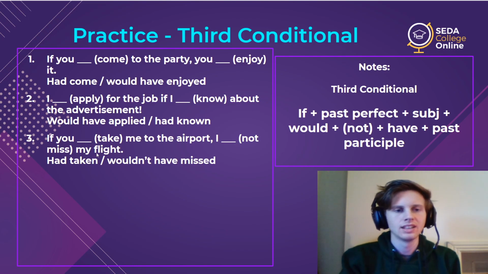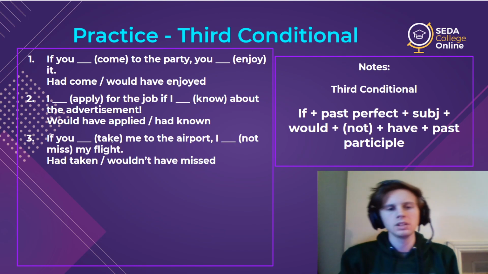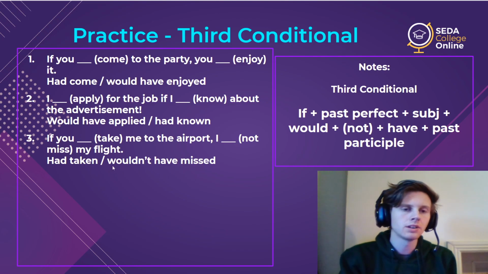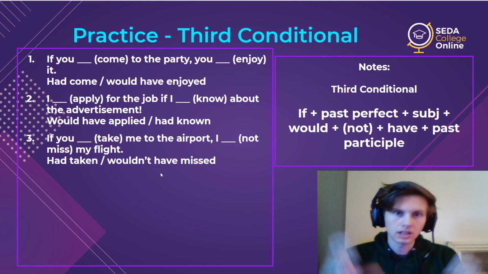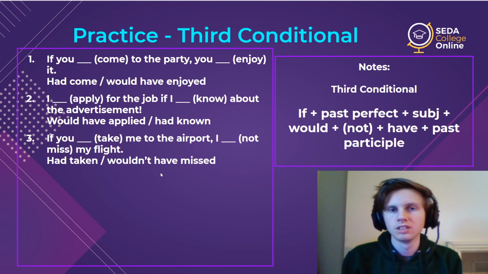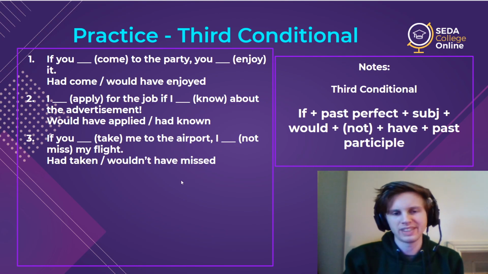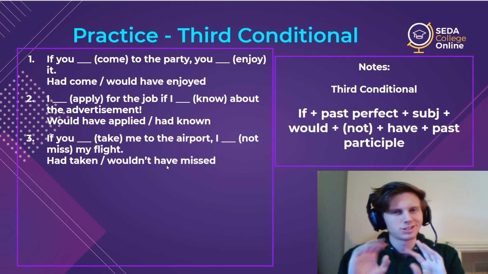So this is the main clause here. I wouldn't have missed my flight, and then the conditional clause, if you had taken me to the airport. And note the pronunciation here. Honestly, this would make a contraction. I wouldn't have missed my flight.